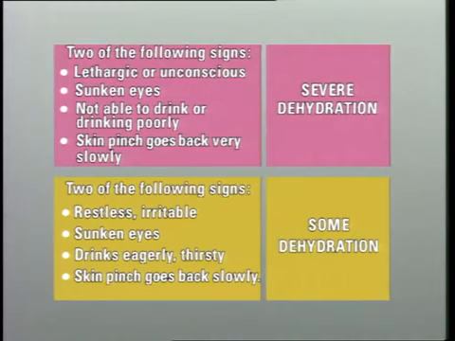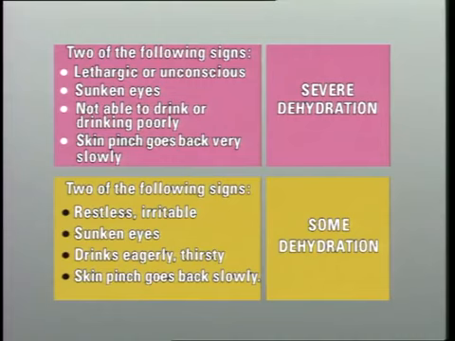Does the child have 2 or more of the signs needed to classify him as having some dehydration? His general condition is restless and irritable. His eyes are sunken. He is thirsty and drinks eagerly.